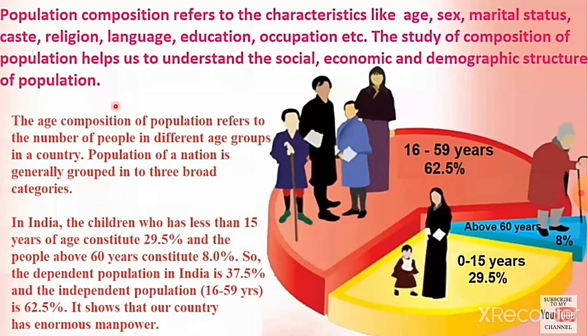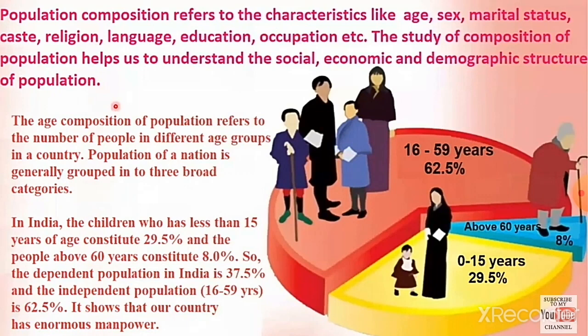It refers to characteristics like age, sex, marital status, caste, religion, language, education, occupation, etc. The study of composition of population helps us to understand the social, economic and demographic structure of population. Based on the population composition, the economic growth of a country will be calculated.